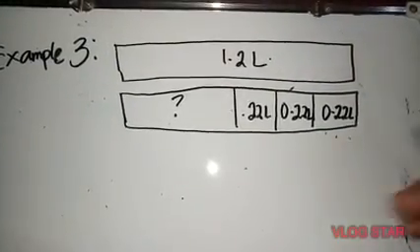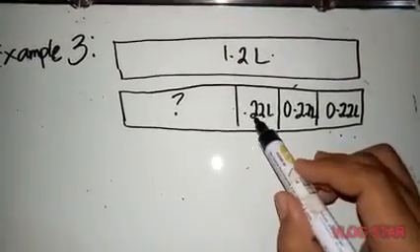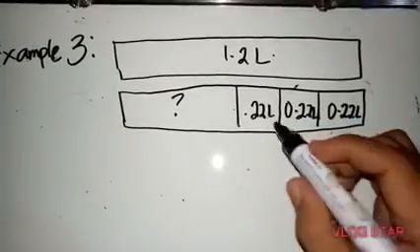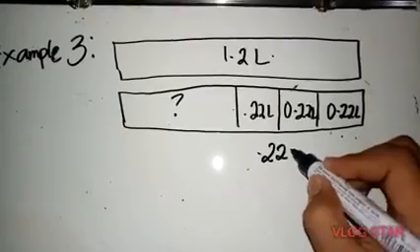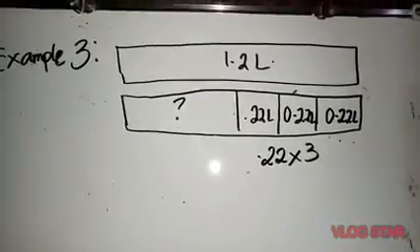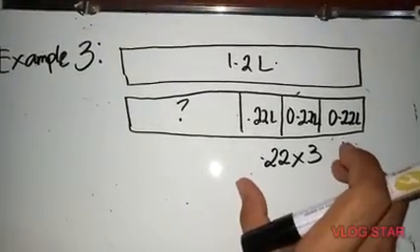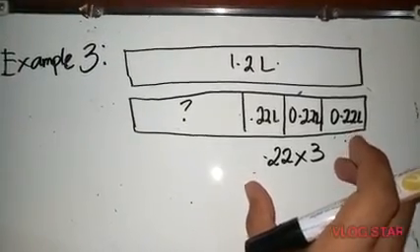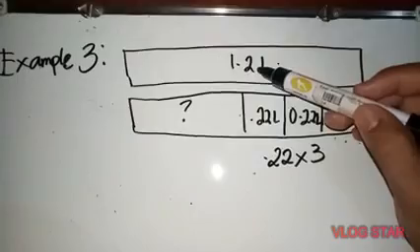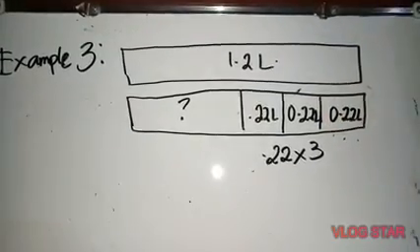So if we solve this one, 0.22 times 3, this is the amount that was removed from 1.2 liters.